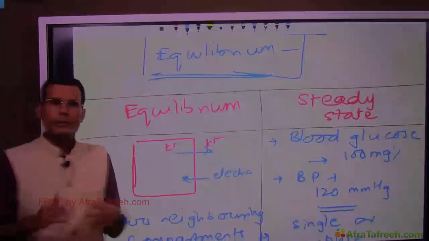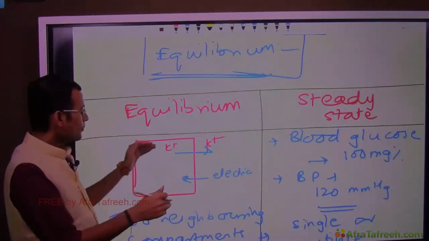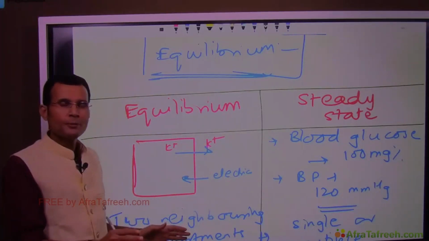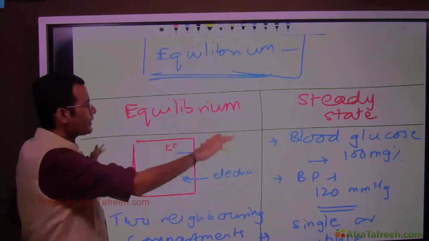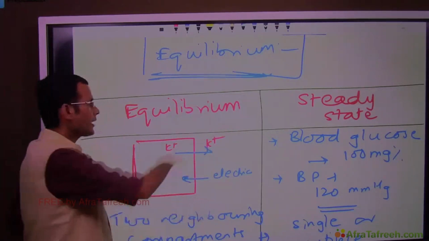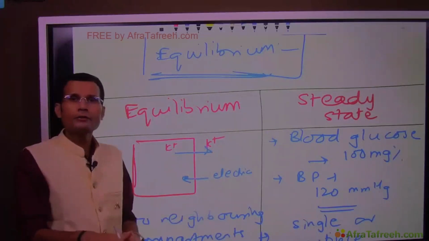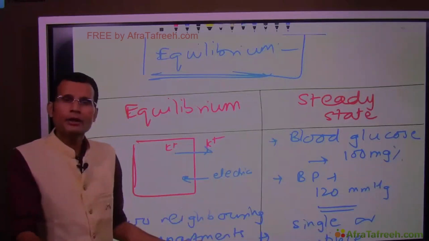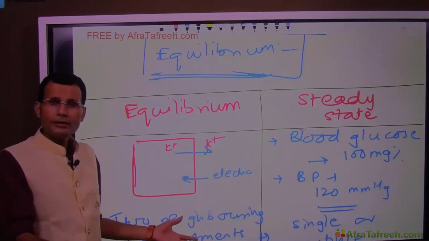Imagine at some point potassium has reached equilibrium, meaning both forces are equal and there is no net movement of potassium. But then it will be very short-lived because there will be some other forces acting, like cations or anions changing their concentrations, and therefore the electrical gradient will get altered, and those two forces will not remain equal. So equilibrium will be disturbed.